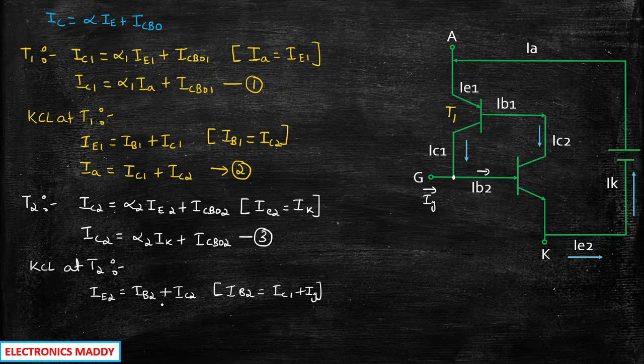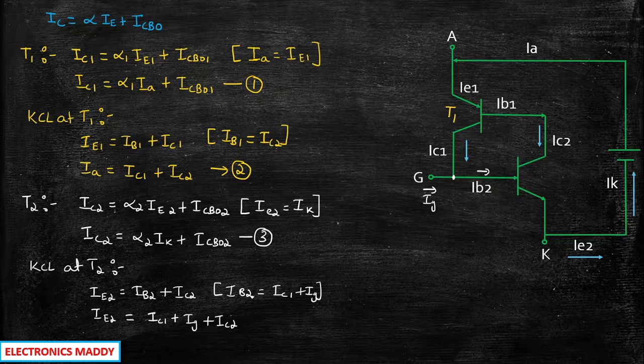Now substituting this in this expression, what do we get? IE2 is equal to IB2, which is nothing but IC1 plus IG, so I will write IC1 plus IG plus IC2, keeping IC2 as it is.